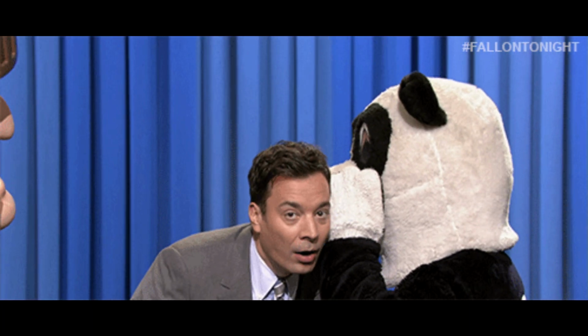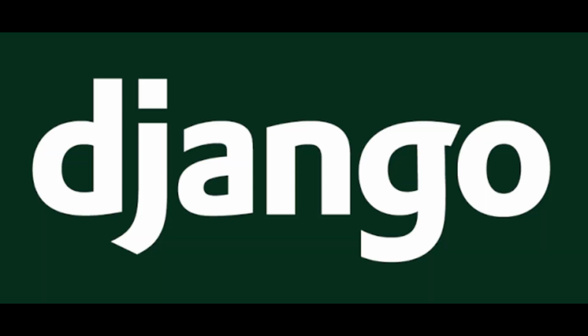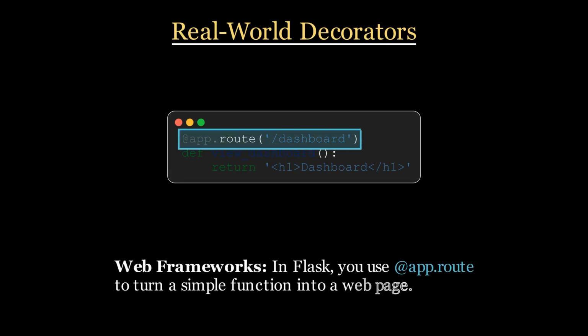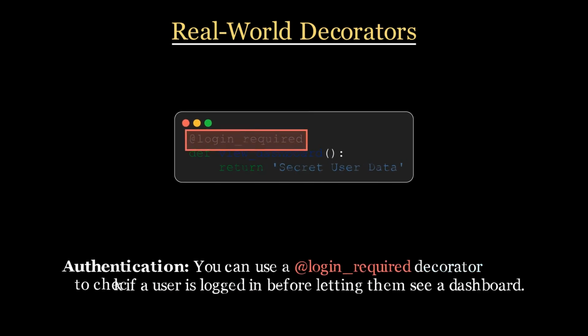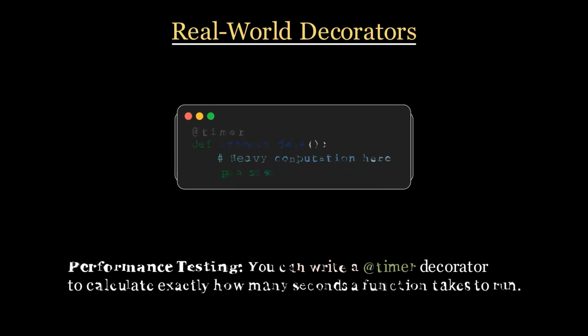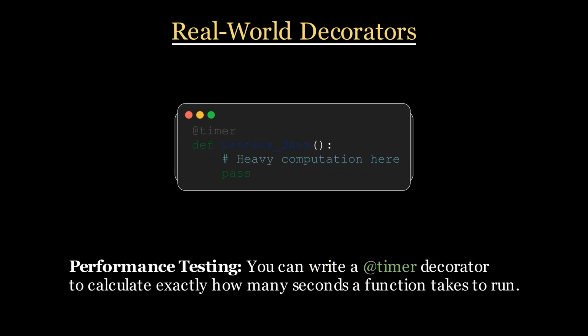Now, you might ask, where do we actually use these decorator functions in the real world? If you have heard about frameworks like Flask or Django, we have this particular thing called app.route in Flask, and login_required in Django for login and authentication purposes. These are all decorators. We also have the timer decorator function, which is used for performance testing.